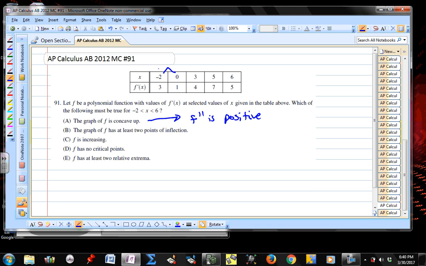From -2 to 2, the change in x is 2, and from 3 to 1, the change in f prime is -2. Well, the change in f prime over the change in x, -2 over 2, is -1. The change in f prime over the change in x is f prime prime. So here's a case where f prime prime is negative. Option A is out.